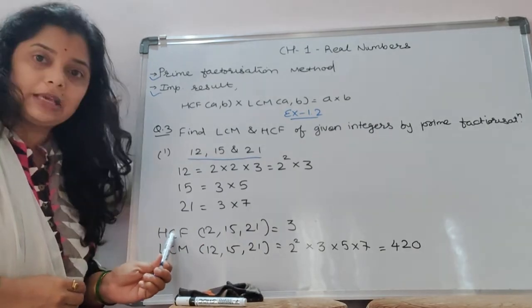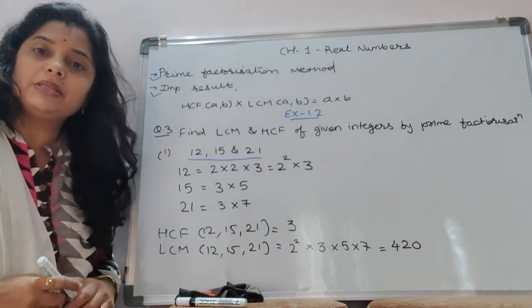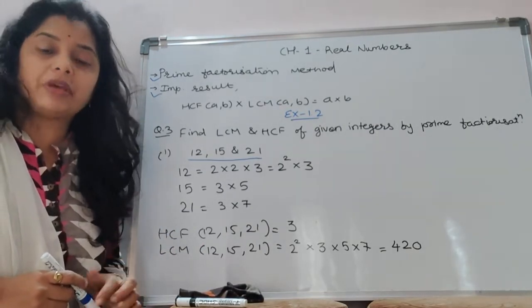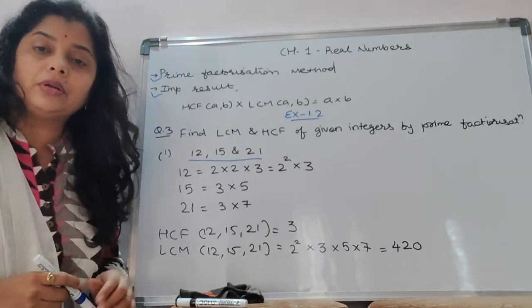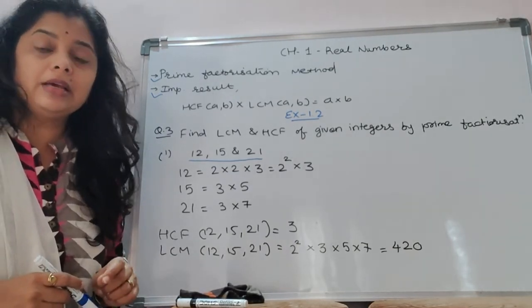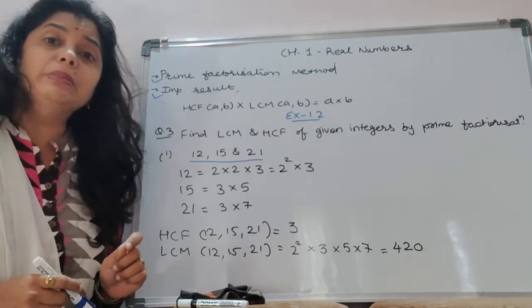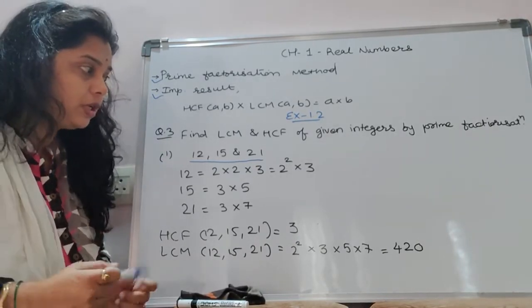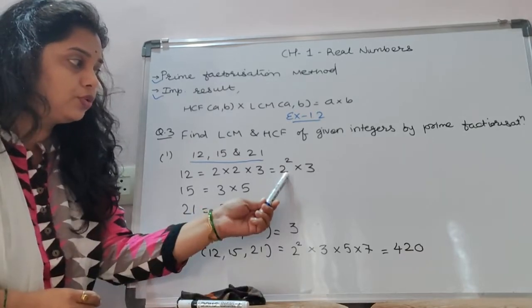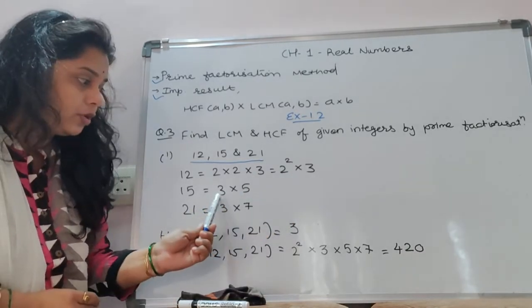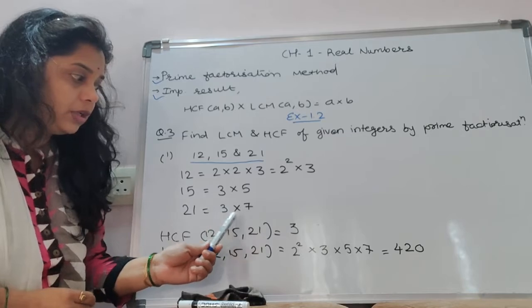To find the HCF, again I repeat, HCF means highest common factor. We find the HCF by taking the common factor with minimum power. Here it is 2 raised to 2 multiplied by 3, then 3 into 5, and 3 into 7.